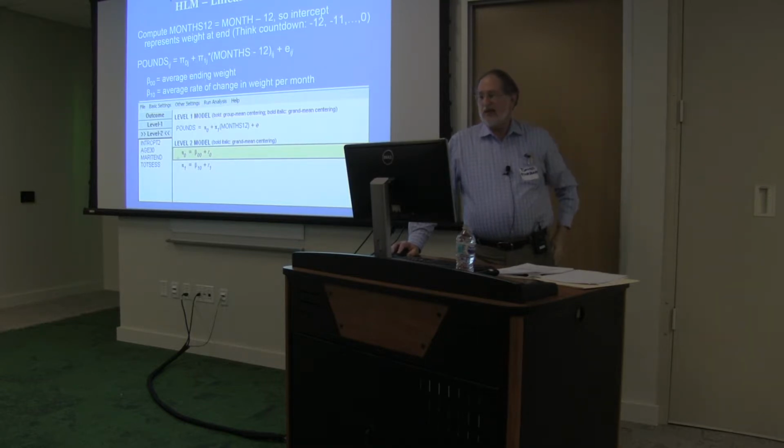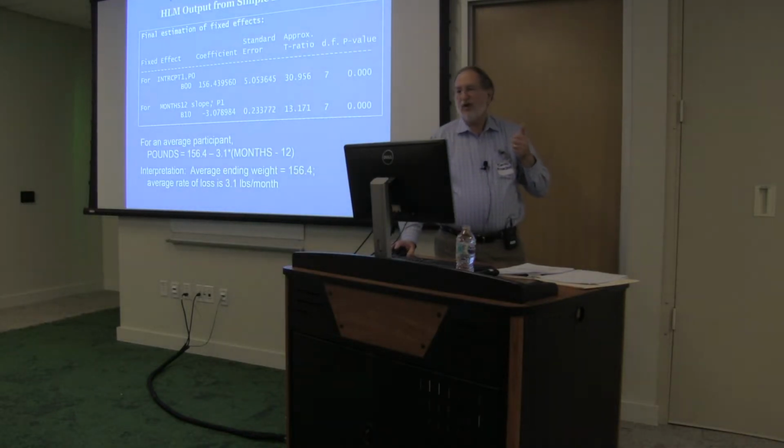In this model, there was nothing predicting differences among people in their slopes, and nothing predicting differences in their intercepts. We just had a beta term for what the average was at the end and what the average rate of weight loss was.